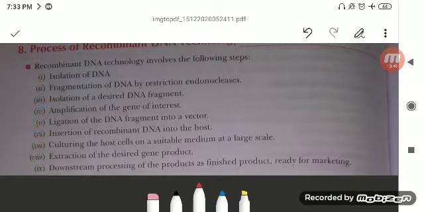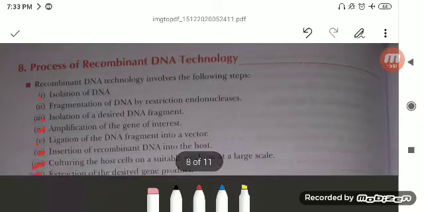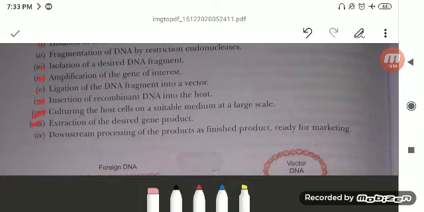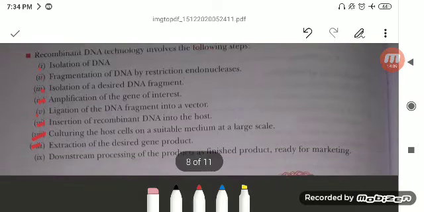So these are the various processes of recombinant DNA technology. These are the 9 steps. By using these 9 steps, we can have a recombinant DNA, a foreign DNA, a desirable gene which we can use for commercial purposes, ready for marketing.